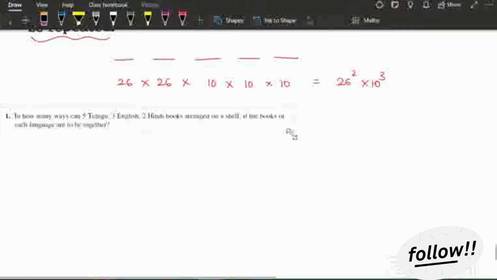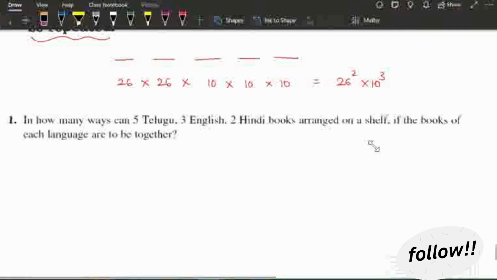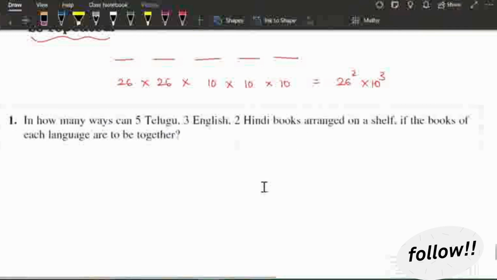In how many ways can 5 Telugu, 3 English, and 2 Hindi books be arranged on a shelf if books of each language are to be together? Now, which objects are supposed to be together? Group all that as one object.